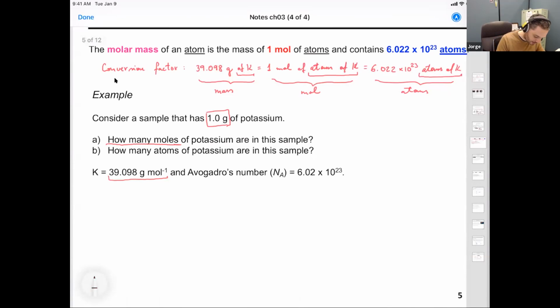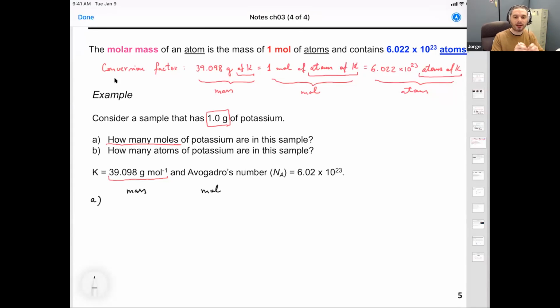So let's set up our proportion. So I'm going to write in the first column everything that corresponds to mass. And in the second column, everything that relates to mole.